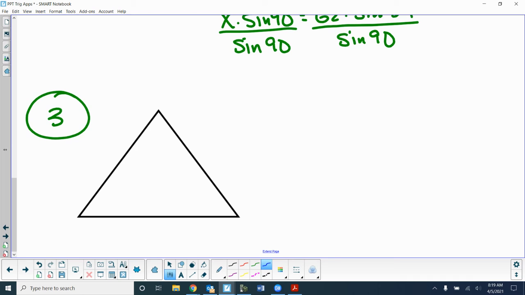Law of sine, law of cosine, SOHCAHTOA. What are you looking for?